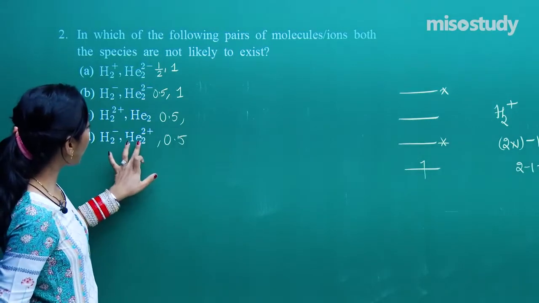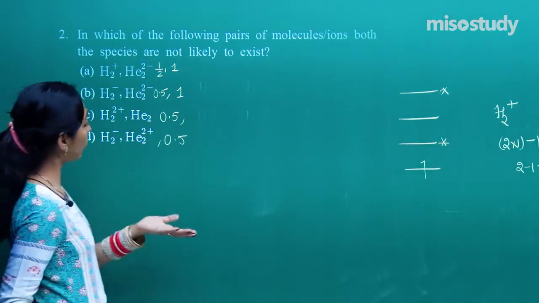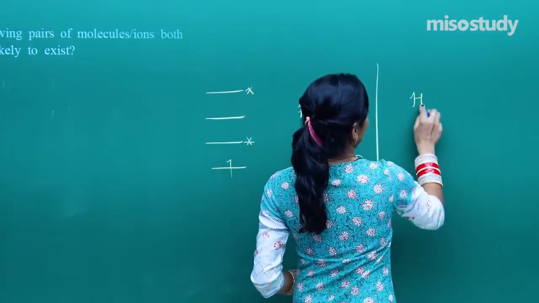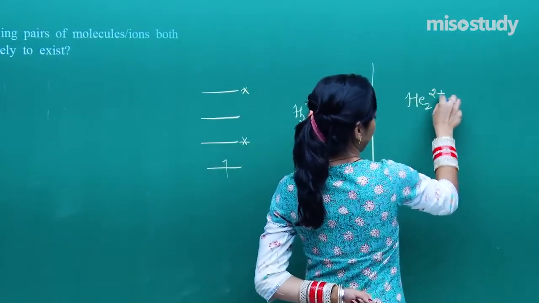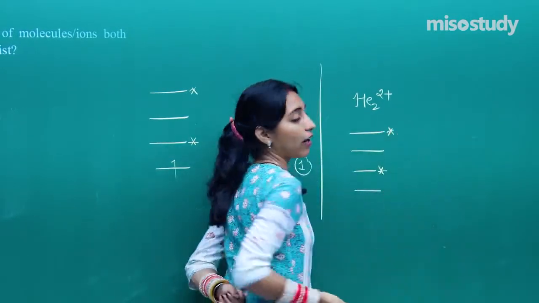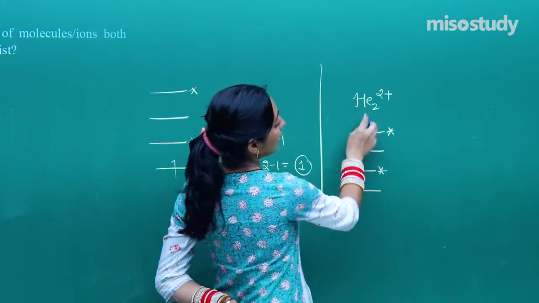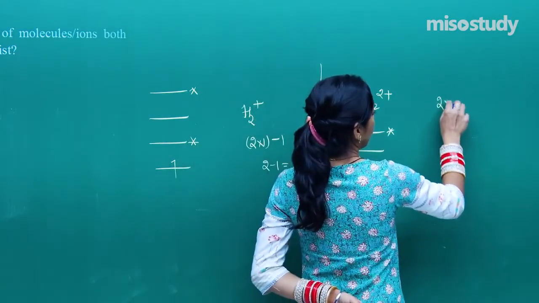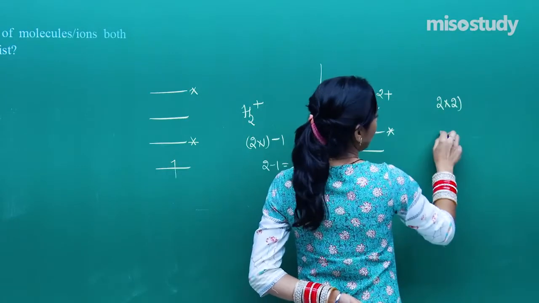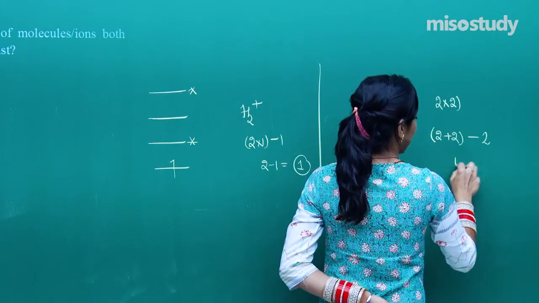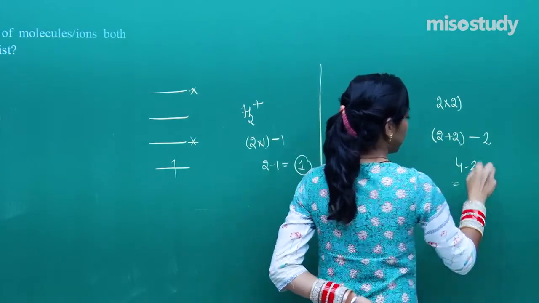Now let us do He2 with 2 positive, which we have not done yet. We have sigma 1s, sigma star 1s, sigma 2s, sigma star 2s, right? The total number of electrons will be 2 plus 2, so 4 were there, now 2 got removed, that means 4 minus 2, and we are left with 2 only.